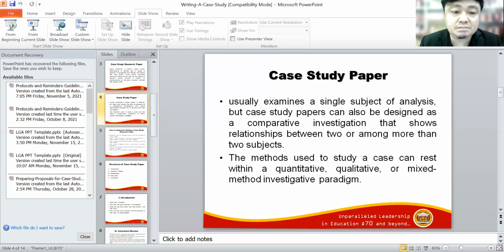Number one, restate the main argument supported by the findings from the analysis of your case. So it's a reiteration of the main premises that you have laid down for the basis of analyzing the case.